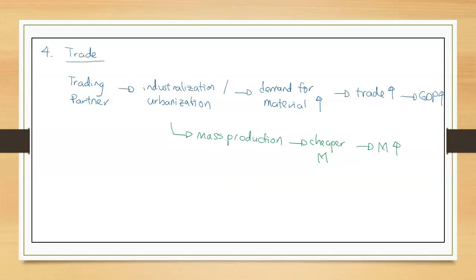Okay, now the last link would be trade. In terms of trade, again we are looking at our trading partners' economy. It's developing, they're emerging economies, developing economies, and particularly economies that are focusing on manufacturing, industrialized economies.